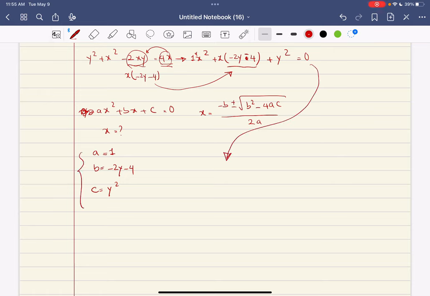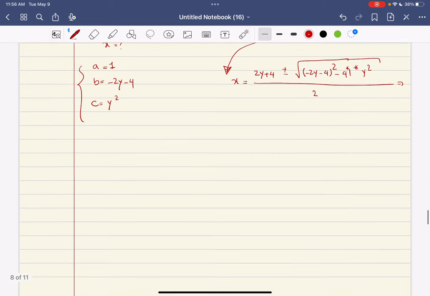Okay, so let's see what would be the answers for x. x would be equal to negative b, or 2y plus 4, plus minus root b to the power of 2, or negative 2y minus 4 to the power of 2, minus 4 times a, or 1, times c, or y to the power of 2, over 2a, or 2 times 1, or 2.